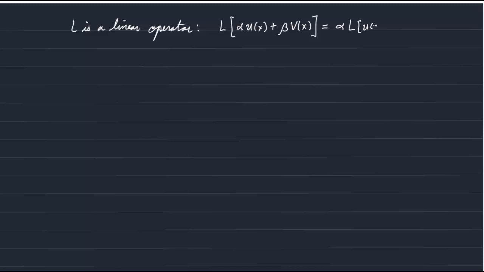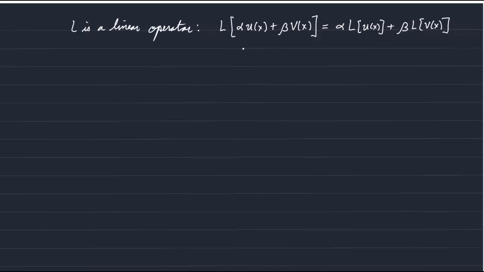So L is a linear operator, and a linear operator has the property, for example, that when we operate L on a function, say alpha, which is a constant, times u of x, plus another constant, beta, times another function, v of x, when we perform that operation on the sum of these two functions, that's also equal to alpha times L operated on u plus beta times L operated on v of x.